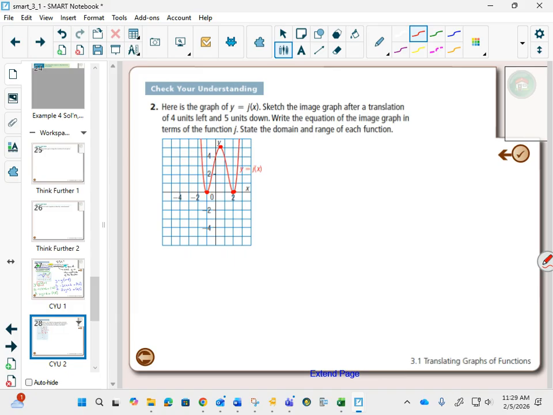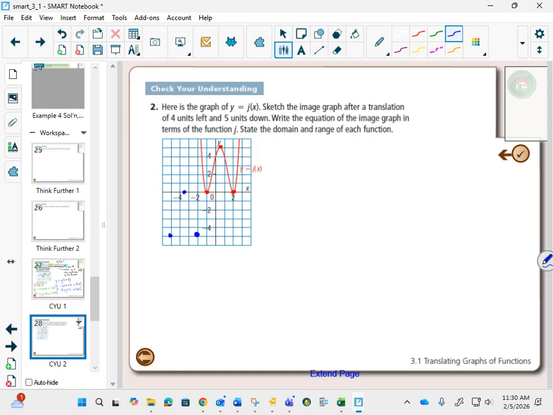So I'm going to take those points, go 4 to the left, 1, 2, 3, 4, down 5, 1, 2, 3, 4, 5, draw that point. Same thing with this one. I'm going to cheat a little bit and notice it was 3 apart, so I drew it 3 apart. Over 4, 1, 2, 3, 4, down 5.